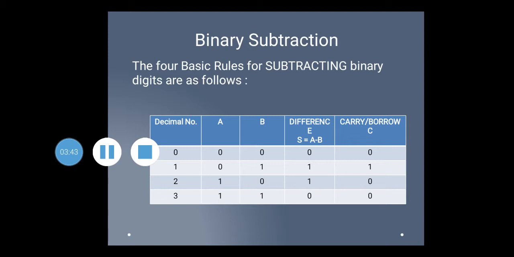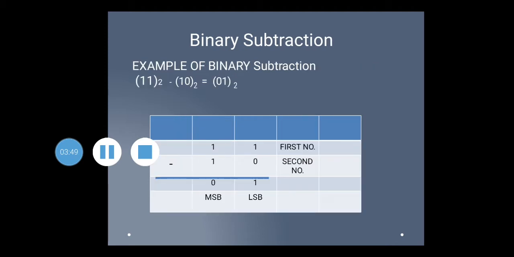Now we will solve binary subtraction related problems or examples. Here a very small and basic example is taken for binary subtraction of 2 bits. The first number is 1 1, and the second number which we are going to subtract from 1 1 is 1 0.